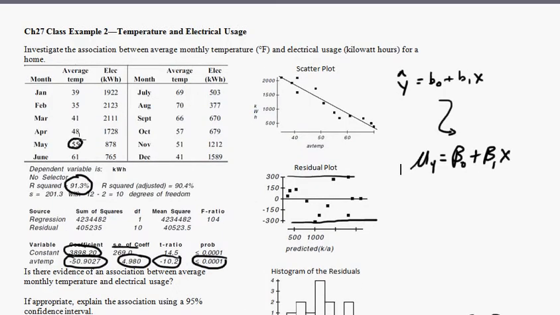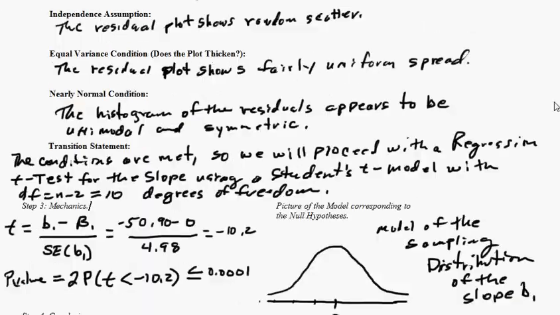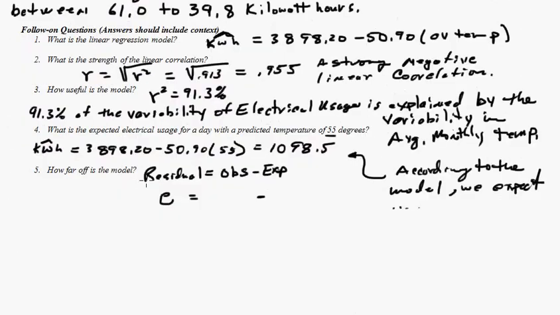Here's 55, so it would be 878 kilowatt hours. We subtract off what we just computed, 1098.5, and I get about negative 221.